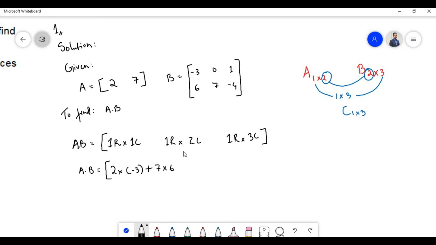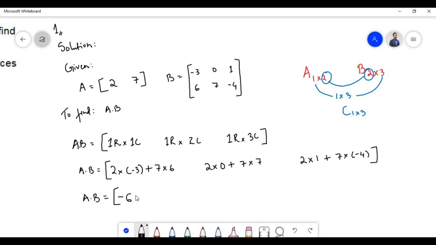Next we have to multiply the first row with the second column, that is 2 times 0 plus 7 times 7. Next we need to multiply the first row with the third column, that is 2 times 1 plus 7 times minus 4. Plus times minus equals minus.